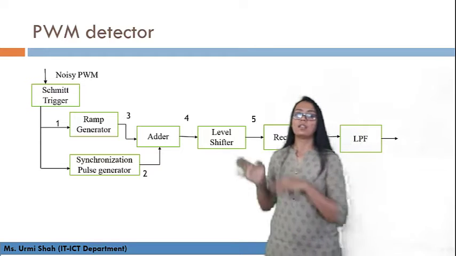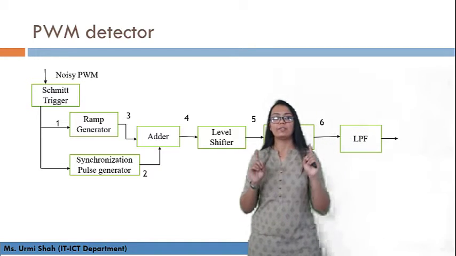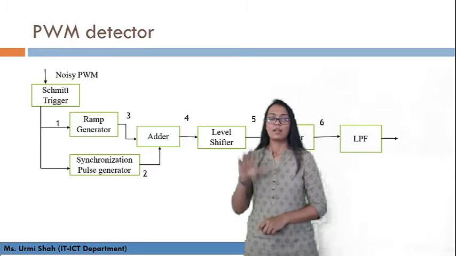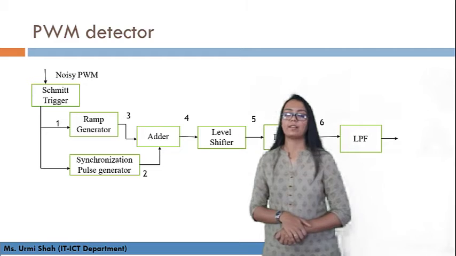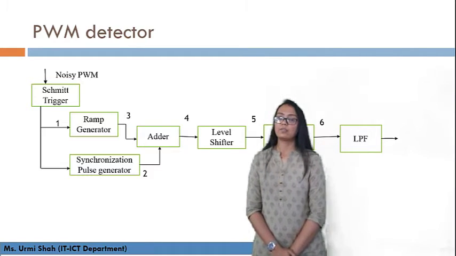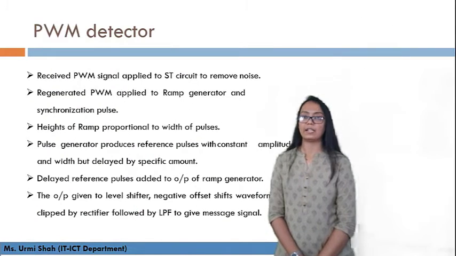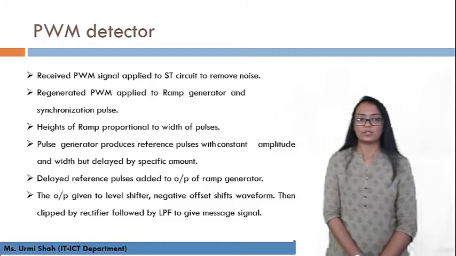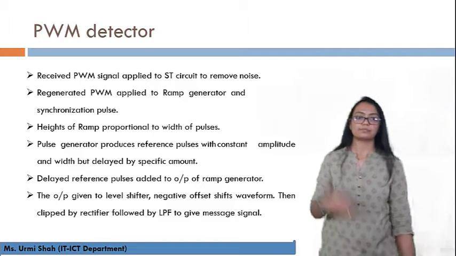So this way the whole message signal will be finally detected at the output of low pass filter. So these are the blocks which are required for PWM detection. This way it will be finally demodulated and the output will be received in form of original message signal.